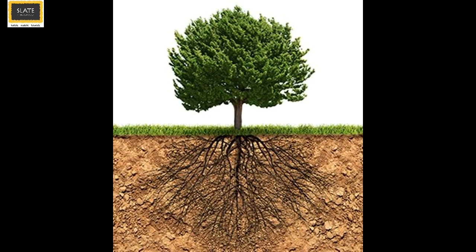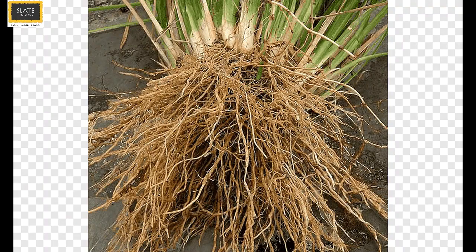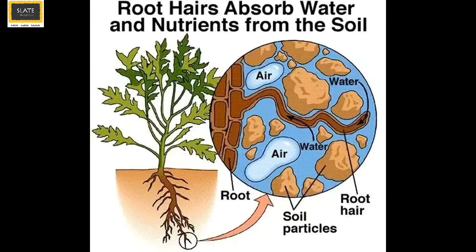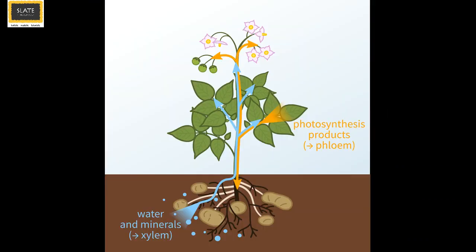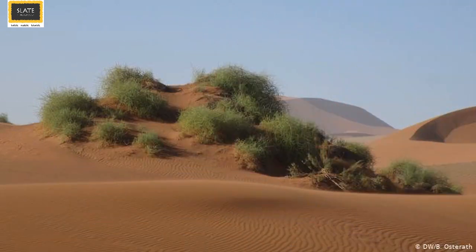So slaters, roots form a good grip into the soil and it keeps the plant rooted firmly in the soil. Roots have root hairs on their surfaces. They collect water and mineral from the soil and send them to the different parts of the plant. Surviving in deserts and dry places is even more difficult for plants.